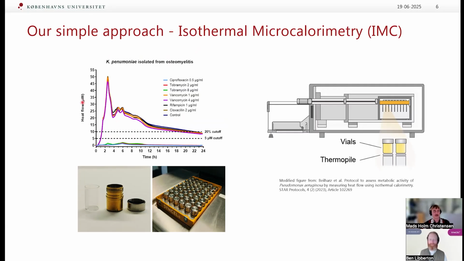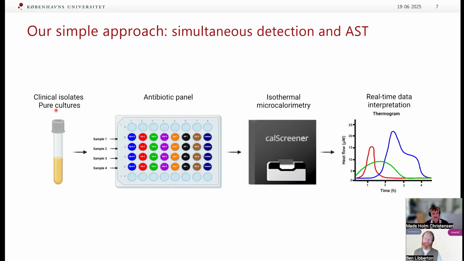And for the cutoff to say whether or not a bacteria is susceptible to the antibiotic, I've chosen 20% of the untreated control's maximum value. So if the signal from one of the treatments surpasses this threshold, I'm going to say that the bacteria is not susceptible to the treatment. And this is a simple schematic of the setup I've been using.